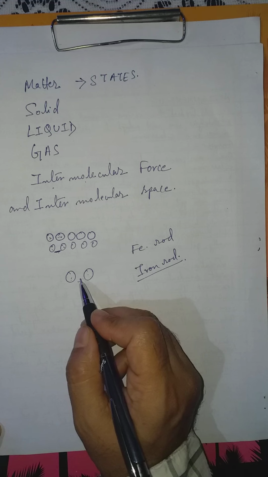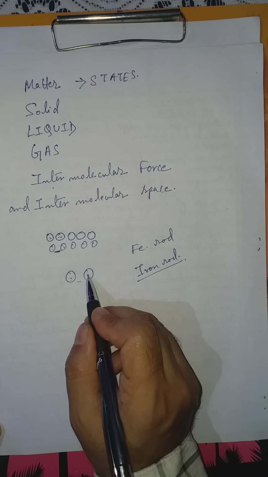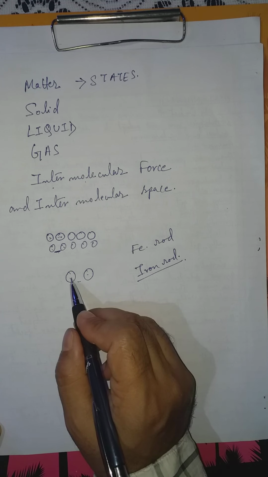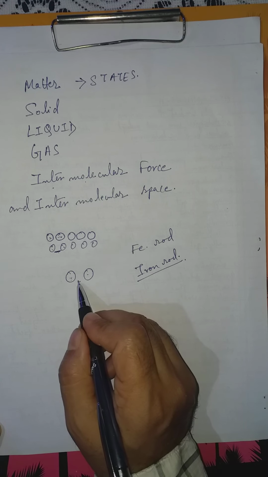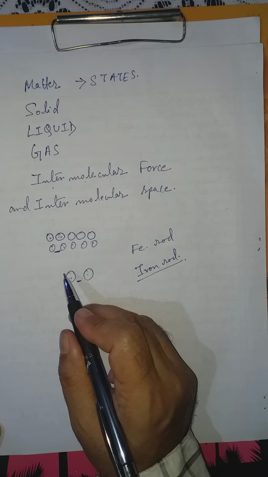That is why the intermolecular force is very strong here. Two molecules of iron are attracting each other with a strong force. That is why the space between them is very small, and it gives the state of the solid.